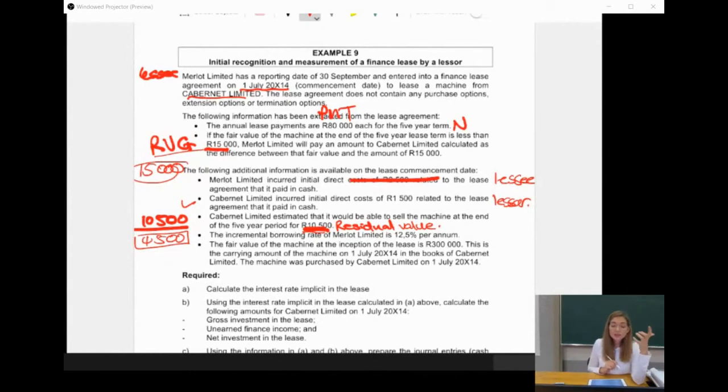Okay, so can you see that the lessor at the end of the lease term is going to get the asset back, which is going to be 10,500, as well as then 4,500 in cash. So that's the asset and 4,500. So the lessor is getting the full 15,000 at the end of the lease term in terms of this residual value guarantee.